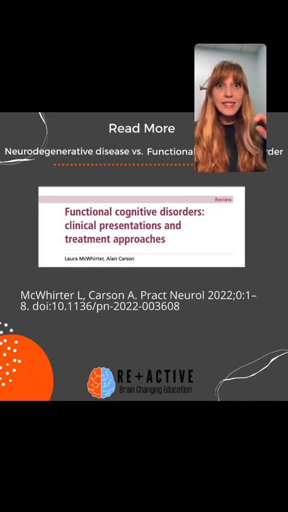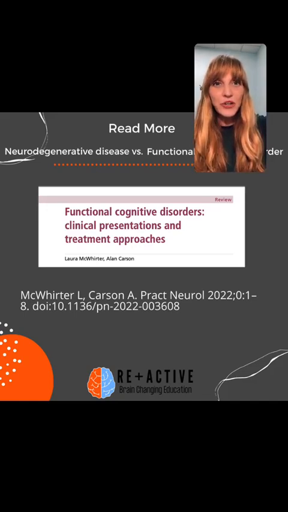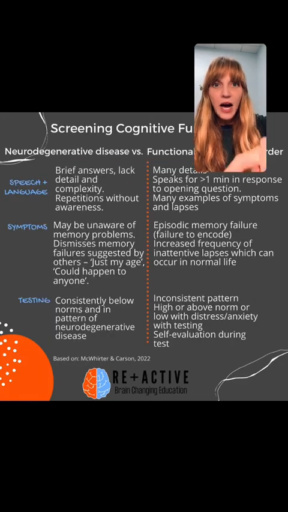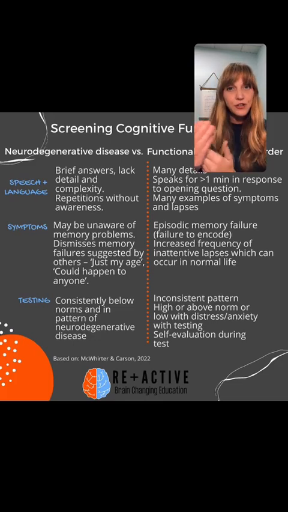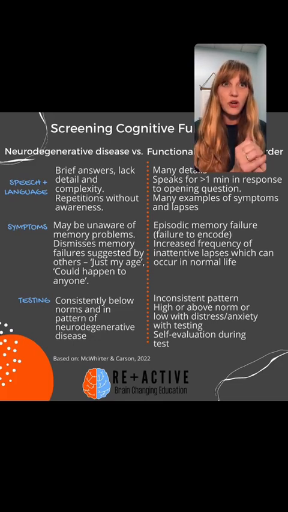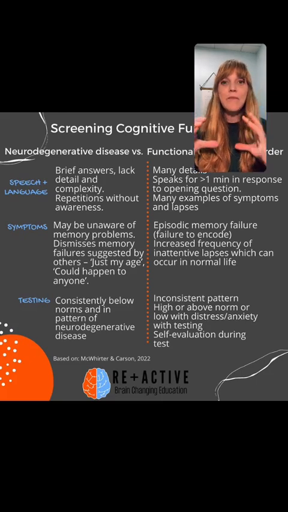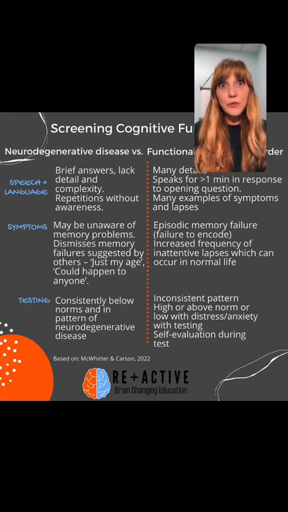So in this particular article, that's where I created the post for today. So let me pull this one up as well. I created this, a comparison and contrast of neurodegenerative disease versus functional cognitive disorder based on a table in the paper, this review article.